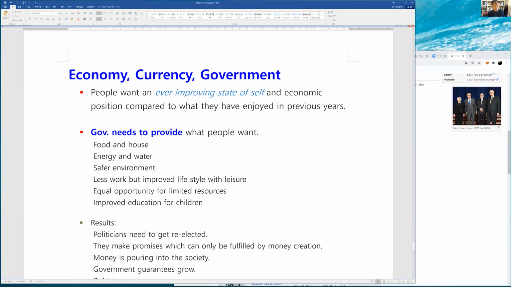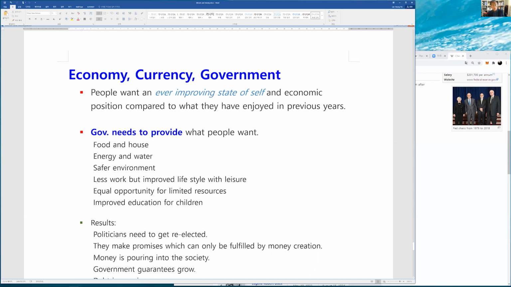So in the beginning, food and house, energy and water, a safer environment. But this list of requests grows one after the other. Once they achieve these basic needs, they go for higher needs, which are more difficult to fulfill.